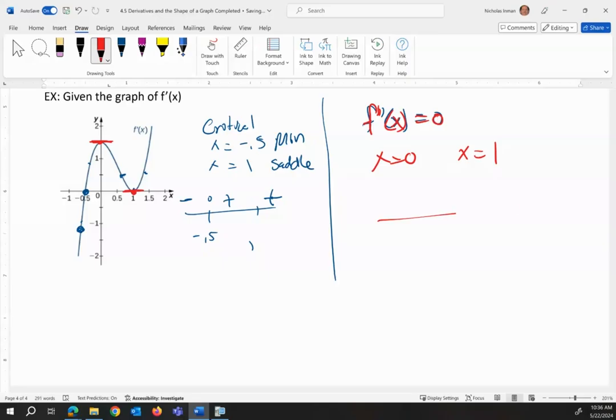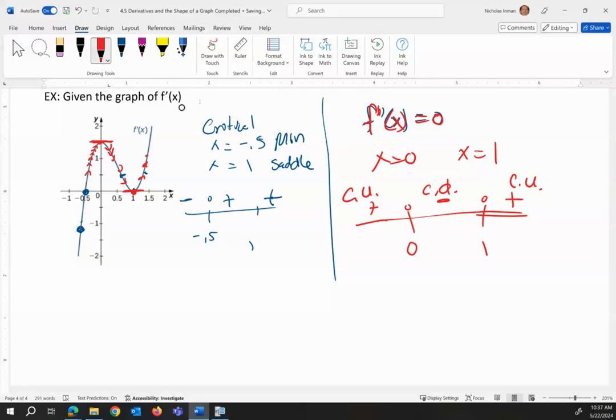All right, and so for our concavity idea, our second derivative means the derivative of the first derivative. So our second derivative looks like it's increasing until 0 and then decreasing, and then we're increasing again. So concave up, concave down, and concave up.